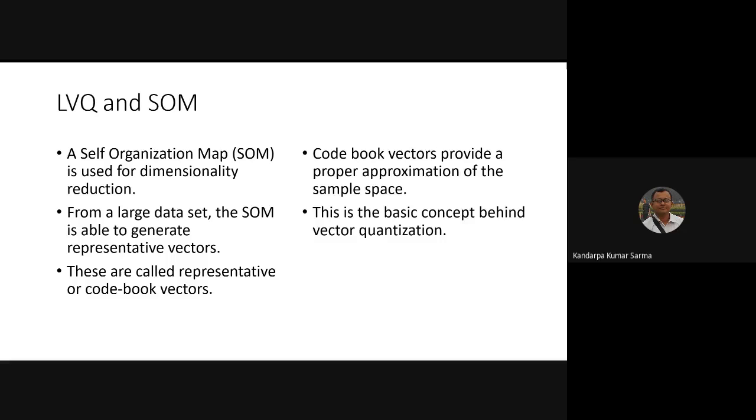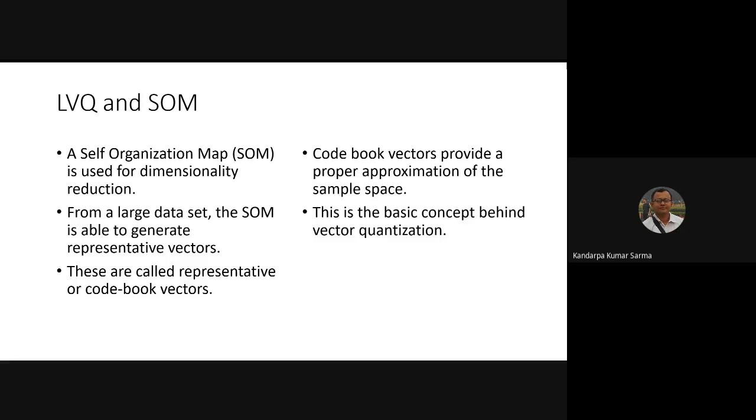The SOM can generate representative vectors. Now, these representative vectors can denote the subdivided sample space. And then these will be called codebook vectors. Codebook vectors provide an approximation regarding the several subdivided parts constituting the sample space. This is the basic concept behind vector quantization.